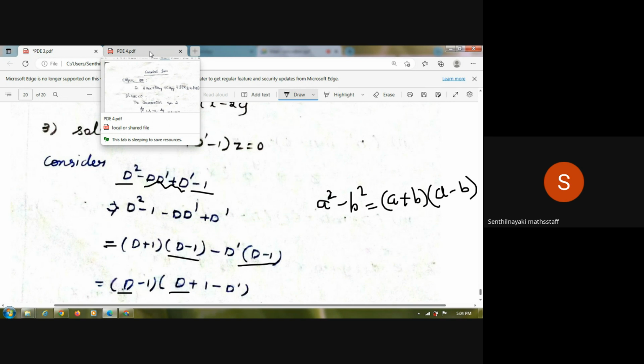So far we have discussed the solution procedure for first order PDE, that is the linear PDE by Lagrange's method, and the non-linear PDE by Charpit's method, and then the subcases of Charpit's method, that is the function of p and q, Clairaut's form, the function of z, p, q and the function of x, p and y, q.